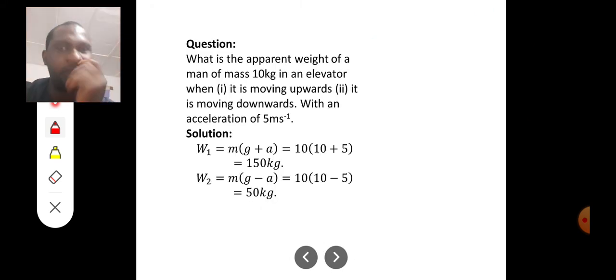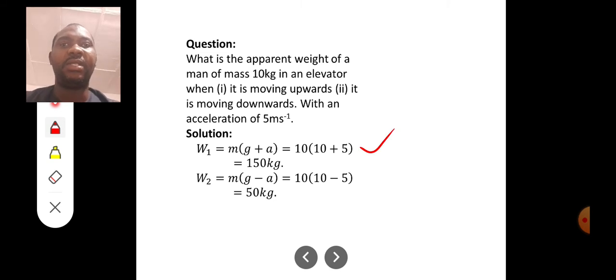Now let's see a question here. What is the apparent weight of a man of mass 10 kilograms in an elevator when (i) it is moving upwards, then (ii) it is moving downwards, with an initial acceleration of 5 meters per second squared? That's quite simple. Moving upward means it's heavier, so m(g plus a).